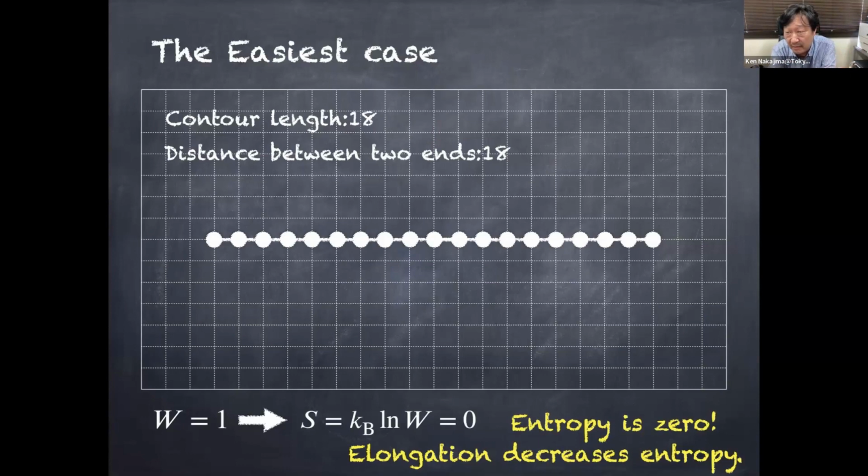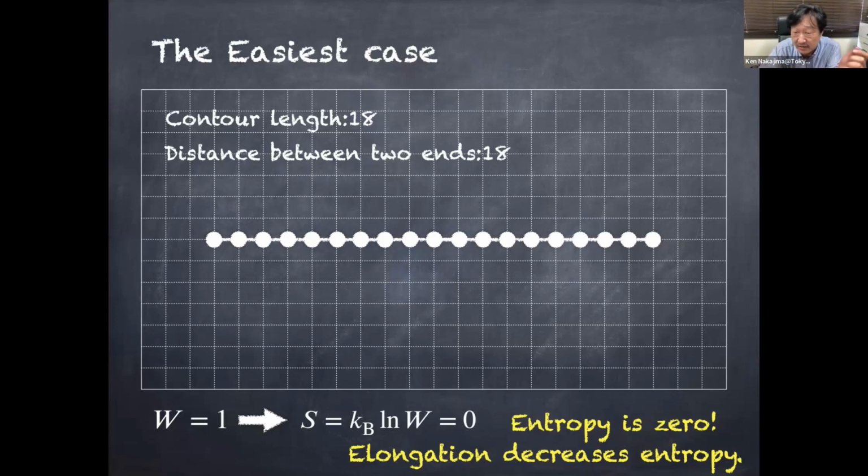Do you remember the case of gas molecules? When we increase the room for the small molecules, the entropy increases. But for this chain-like molecule, the stretched situation gives the minimum entropy, and if it is in a shrunken form, which we call random coil form, then entropy increases.